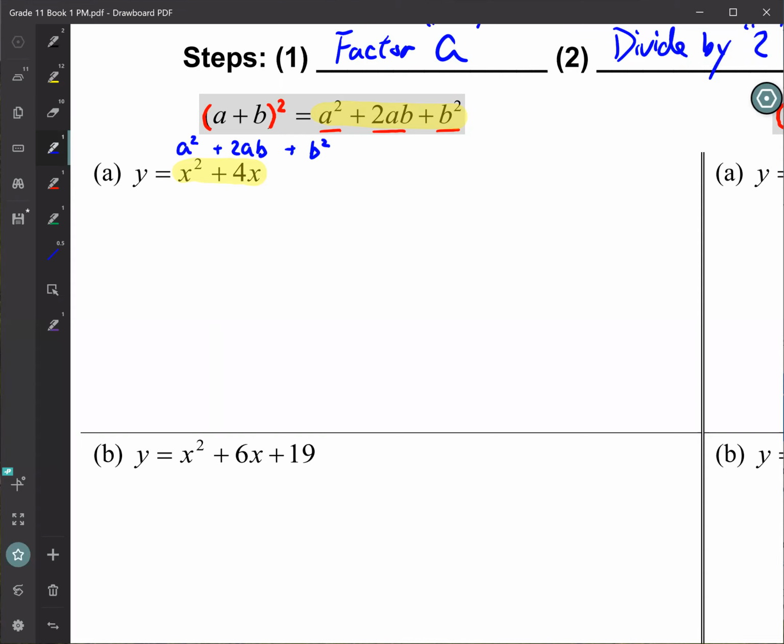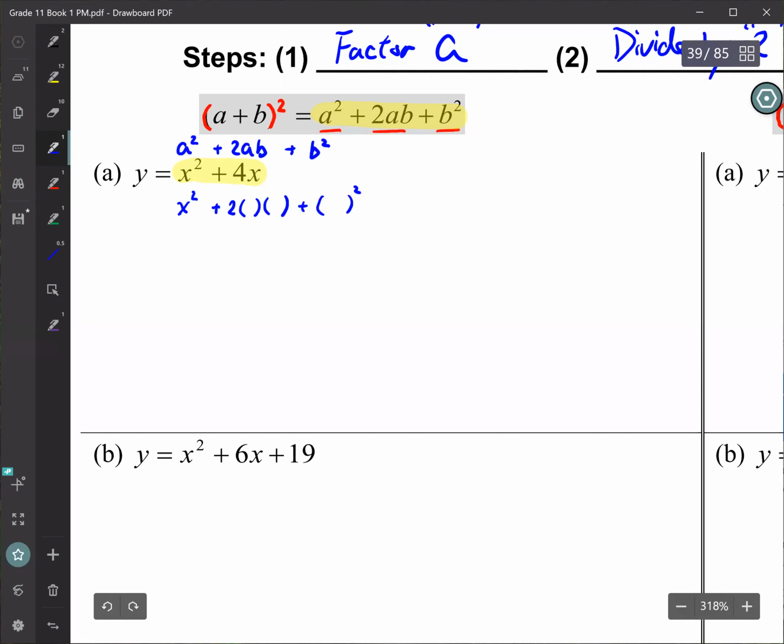So a is like the x, right? The question has x squared. The formula has a squared. So that's telling us that a is the x, right? So if a is the x, then the middle one should be, so we'll have x squared plus 2ab plus b squared.